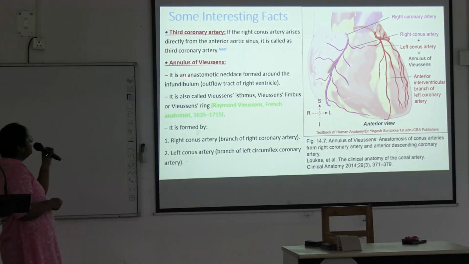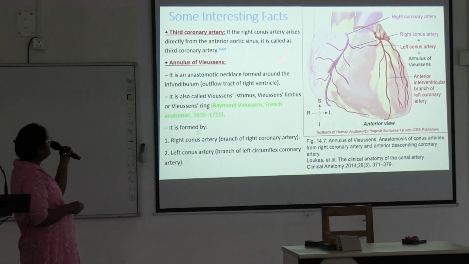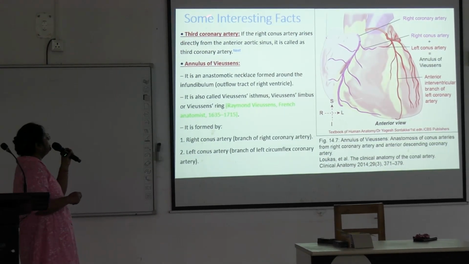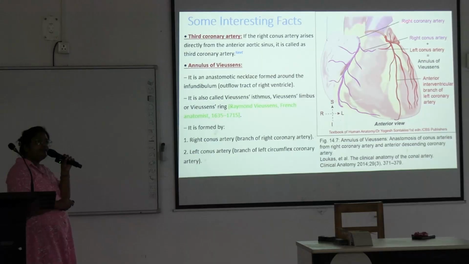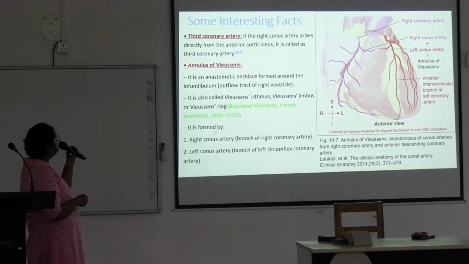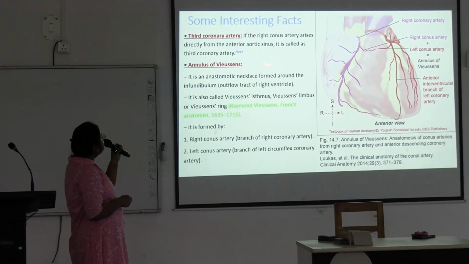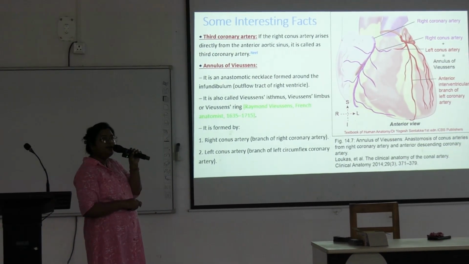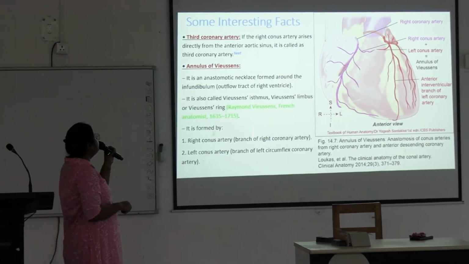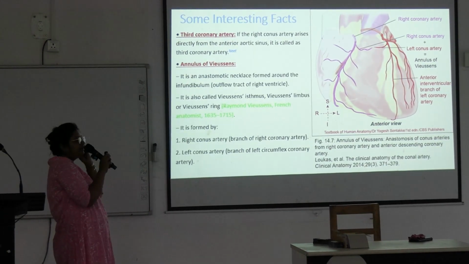Next. The third coronary artery is sometimes present. If the right conus artery arises directly from the anterior aortic sinus, then it is called the third coronary artery. The annulus of Vieussens is sometimes asked in your viva.